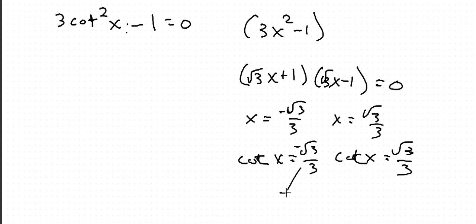So this is negative, so what quadrant do I need to be in? It would be in the second quadrant, so it would be 150. Where else is it negative? In the fourth quadrant. Which would be? Negative 30. Or not 270, 330.